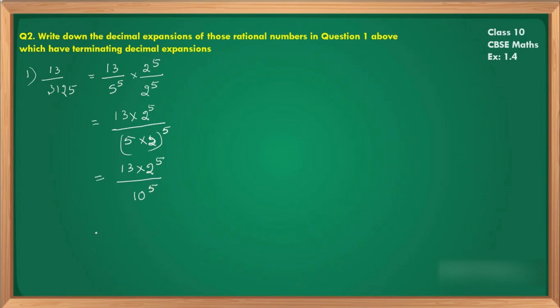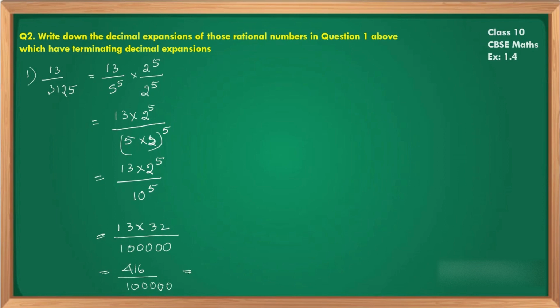When you multiply 13 into 2 to the power 5, that is 32, you get 13 into 32 upon 1 followed by 5 zeros. The next step is multiplication of 13 and 32, which gives you 416 divided by 1 followed by 5 zeros.